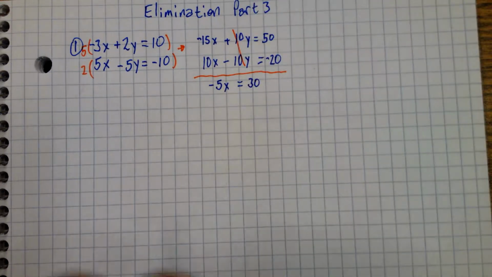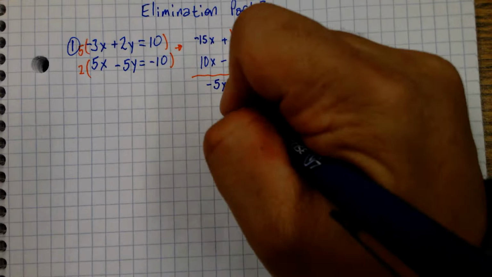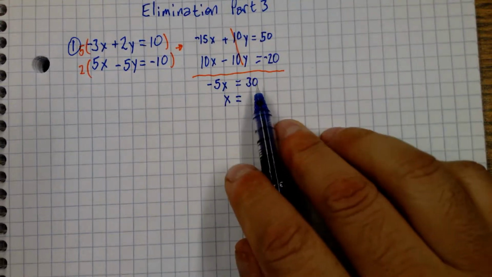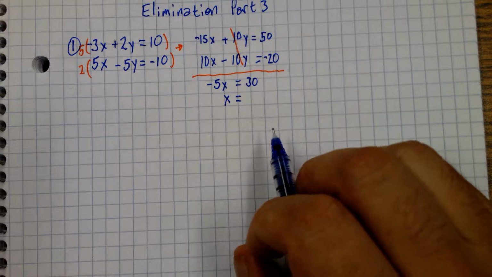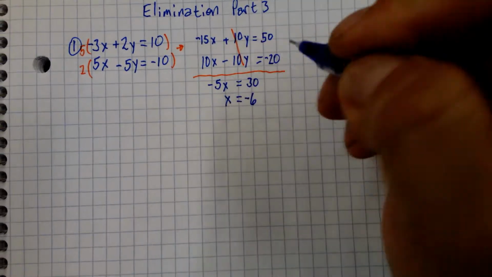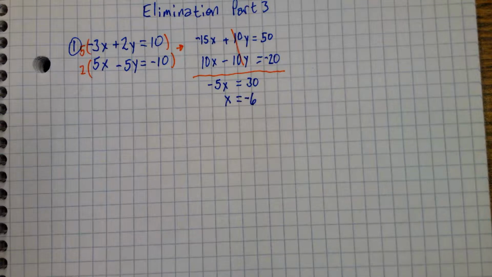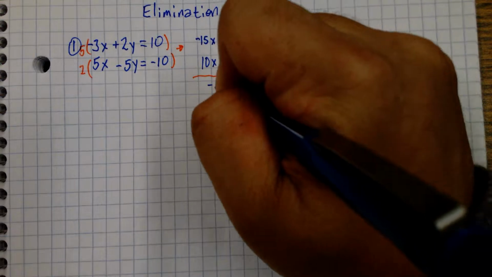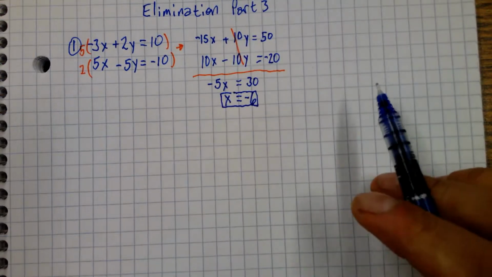So x has to be what value? Negative 5 times something is positive 30. Negative 6. Yeah, if you can, do that division in your head. So we got one answer. Now we have a choice.